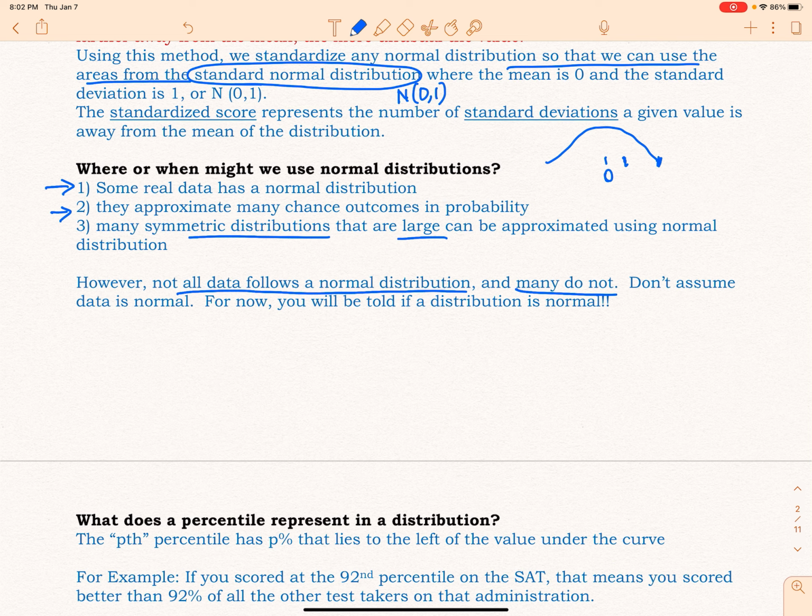You know, just like if you want your teacher to be normal, doesn't mean she can be. Anyway, my point is that you can't assume the data is normal. That is not going to work out for you. For now, I'm just going to tell you if a distribution is normal, and then we will move on from there as far as finding conditions and all of that. We'll do that later on.